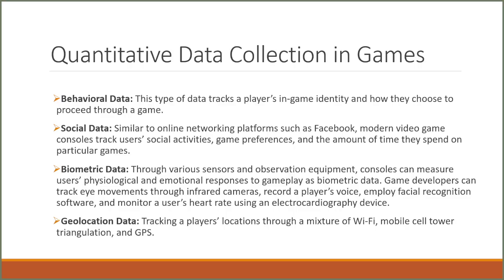The social data, the who and with whom type of thing. As gaming becomes a social activity, there are so many games out there that you play with others. Tracking how players interact with other players becomes vital for retention. The things that you can track in those types of games are your friend list, chat logs, memberships, gift sending habits.